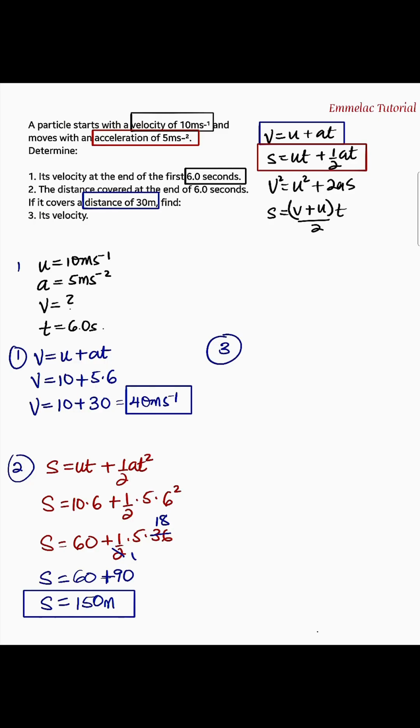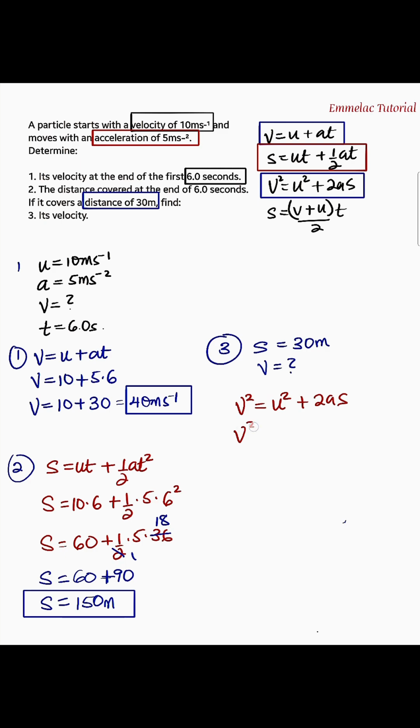So it implies that the distance here is given as 30. We need to find the velocity, and that velocity will definitely be the final velocity, because it has already covered a distance. So let's make use of the third equation. Here we have v squared equals u squared plus 2as.